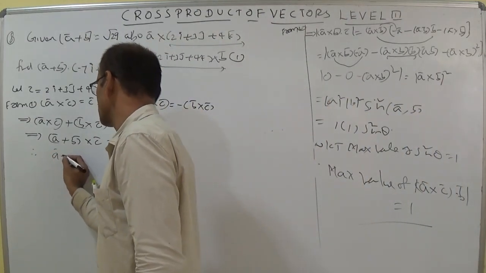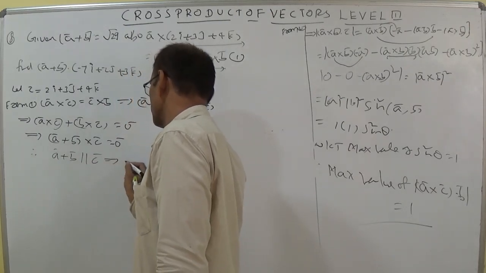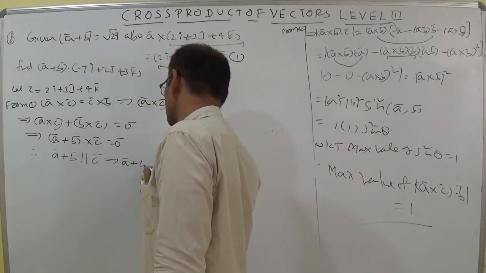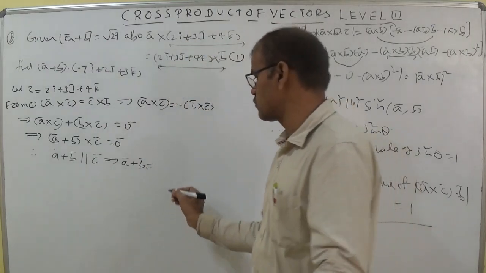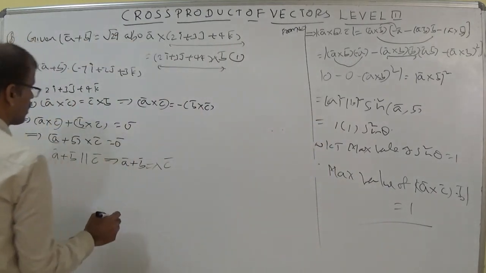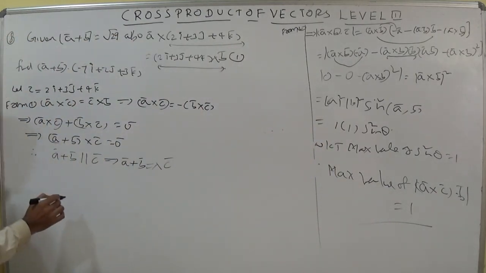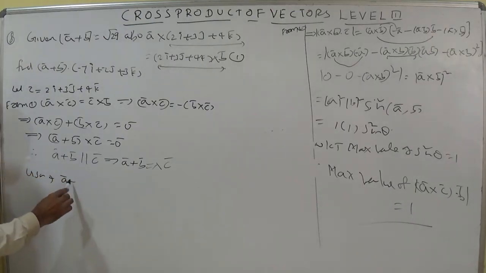So you can say A bar plus B bar is parallel to C bar. That implies whenever two vectors are parallel, we can write one vector as a scalar multiple of the other. Then you can write A bar plus B bar is equal to lambda into C bar. Now using the given modulus of A bar plus B bar.